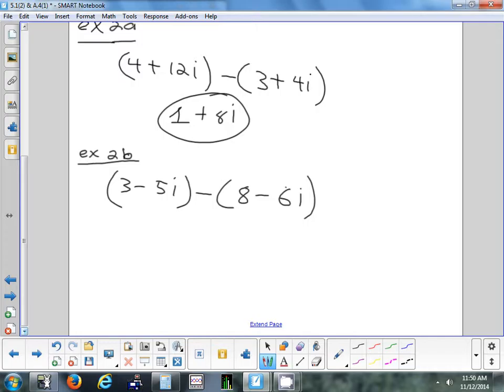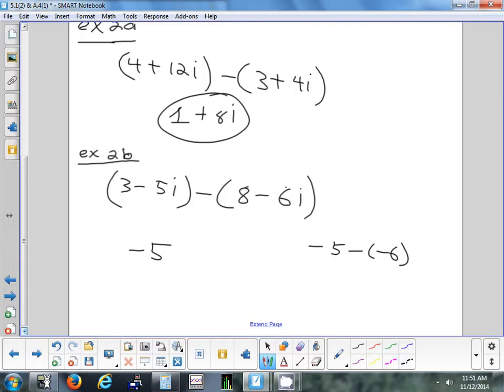Go ahead, one more time. Yep, negative 5. So she did 3 minus 8. That's negative 5. And Adam, my imaginary part? Negative 11. Okay, what did you do to get that? Negative 5 minus negative 6. Okay, so that is correct.